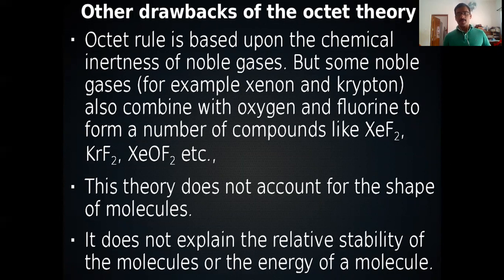Which one is more stable? That is not explained in the octet rule. That is a failure. So we can identify a number of failures of the octet rule. The first three are more important, and these are also important. You can note the problems or defects of the octet rule.